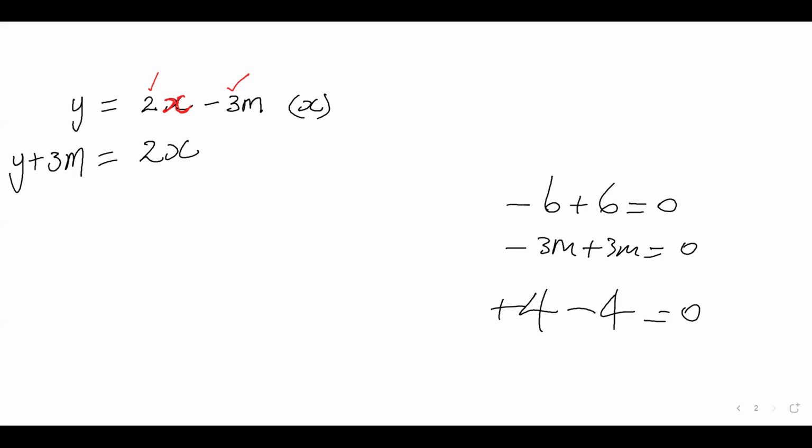Josiah, what's the next step? I have y plus 3m equals 2x. What's my next step, Josiah? We have to divide 2x. Divide by what? 2. Where am I dividing by 2?